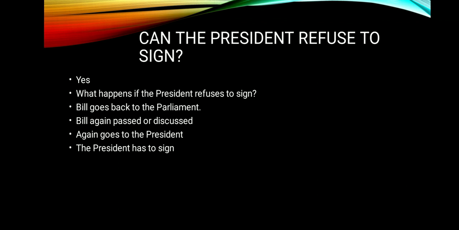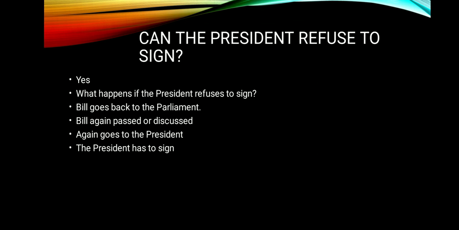But before this, the president takes suggestions from the constitution experts. The president can take the opinion of the Supreme Court also. But still, if there is some objection or something is not clear to the president, the president can send it back to the parliament for reconsideration.